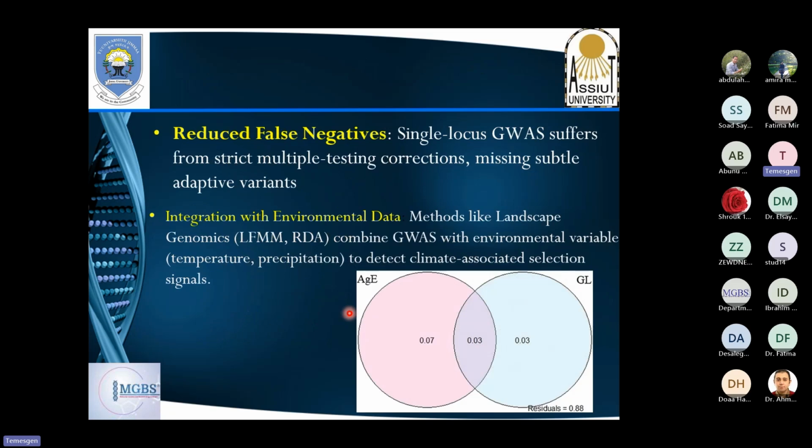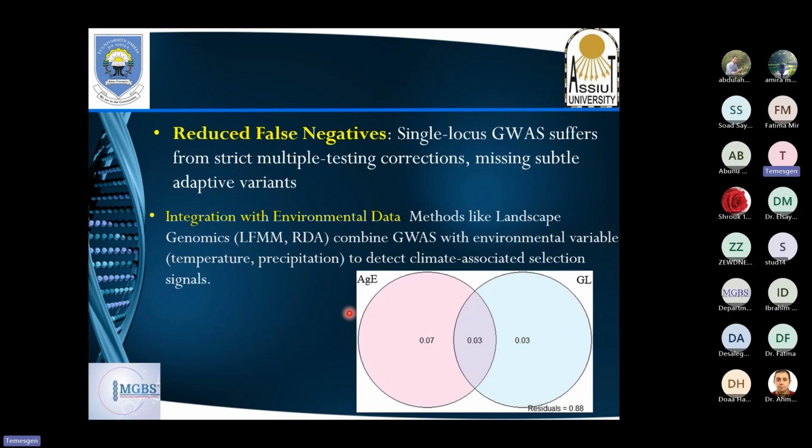And it reduces false negatives, because if you remember in the previous slide, I said that single locus is very stringent, so there are a lot of false negative results. That will be solved when you use multi-locus GWAS. And the other one is that with multi-locus, we can integrate environmental data as well, rather than using only genotype data.